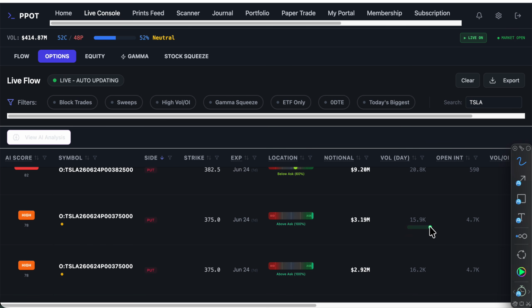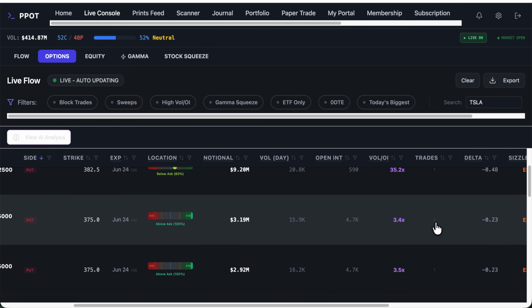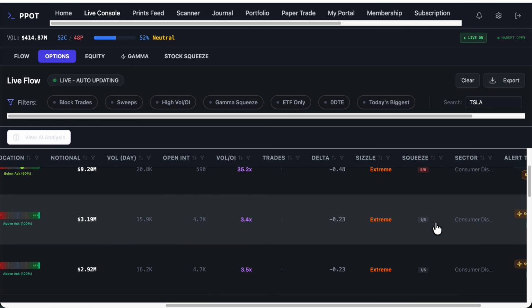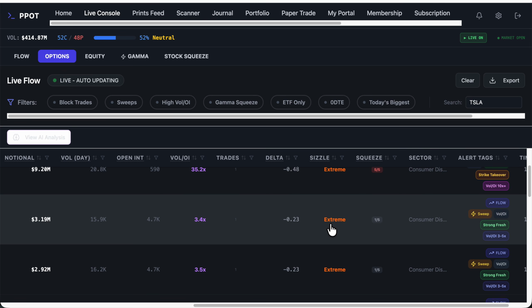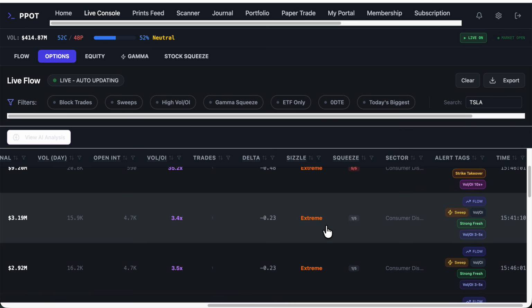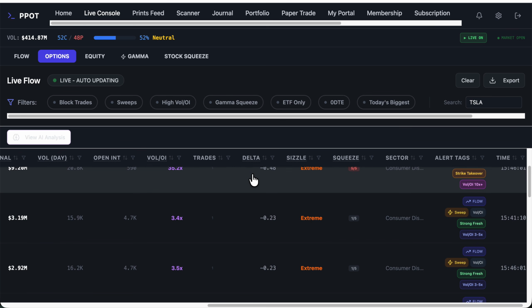The volume is obviously picking up. Obviously, it was a little bit lighter before we went in and took the trade. But that was it right there. And I can scroll across. You can see the sizzle is extreme for this. And the volume versus open interest. This PPOT Analytics AI engine is an absolute beast.